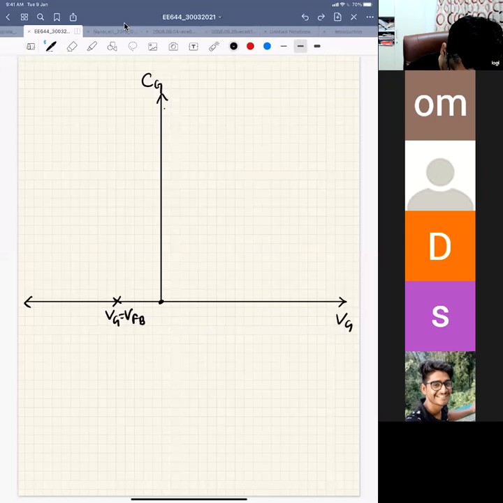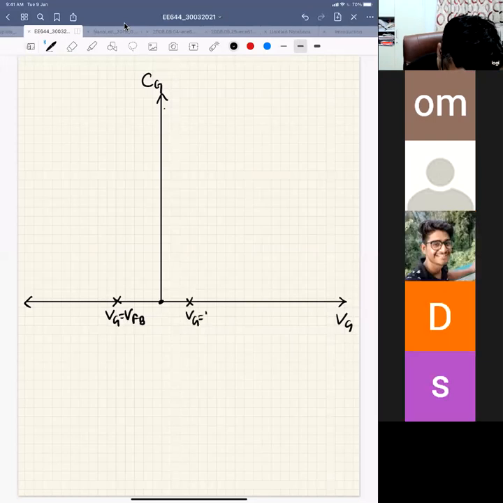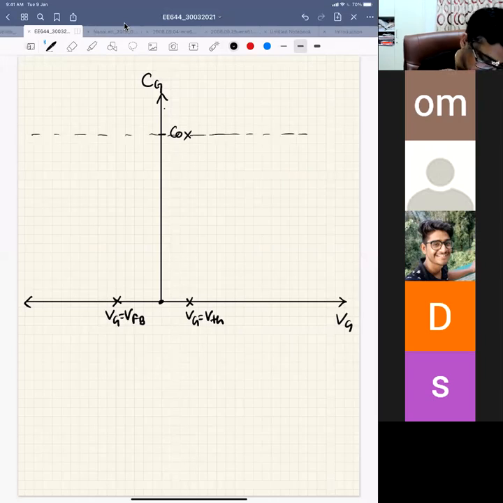It's not to scale. And this is Cox here. Let's say this capacitance is Cox.